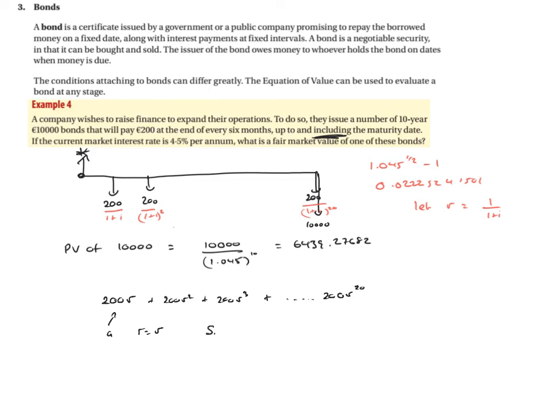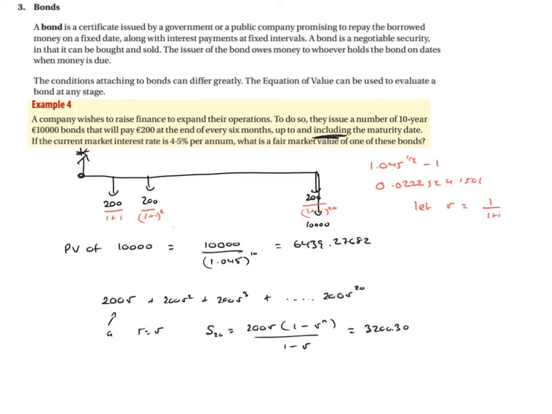We know that S of 20 is equal to 200v times (1 minus r to the power of n) all over (1 minus v), where r is v. You put that into your calculator, guys, and you are going to get 3,230 cents.